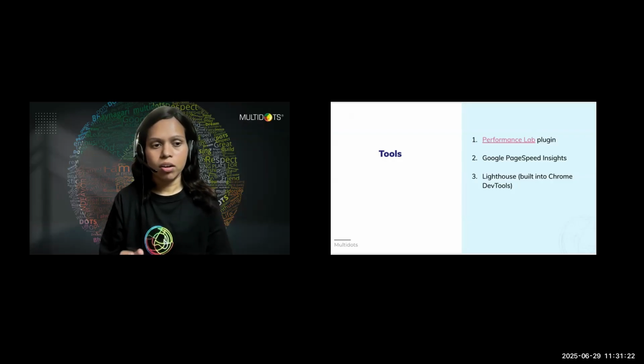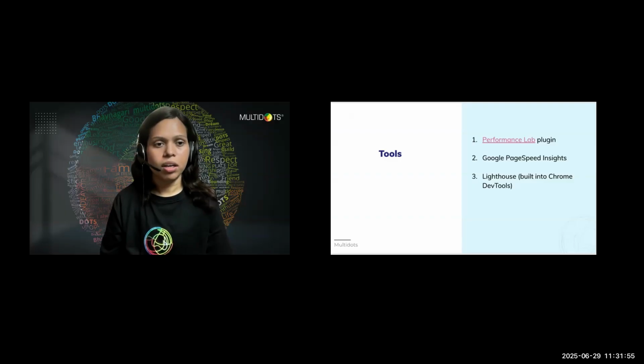Suppose you have done the optimization on the staging side, and you deploy it on the live production side. Because it is taking a 28 day average, the score could be different, but it will eventually be visible after a certain time period. Now, to review the latest data, you go with a tool like Lighthouse, which is built into the Chrome developer tools.